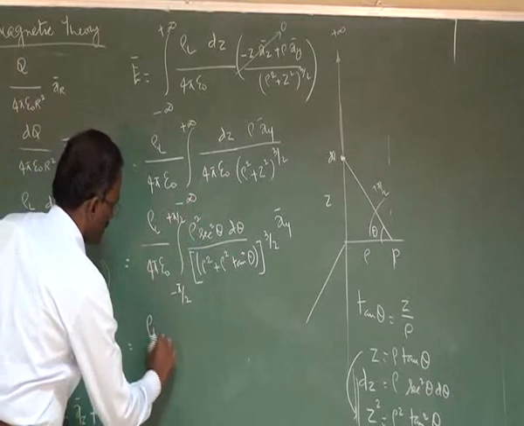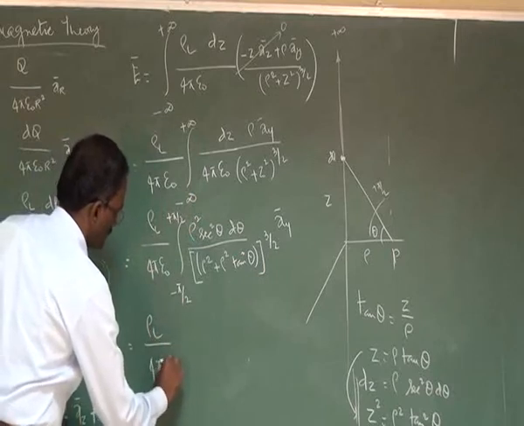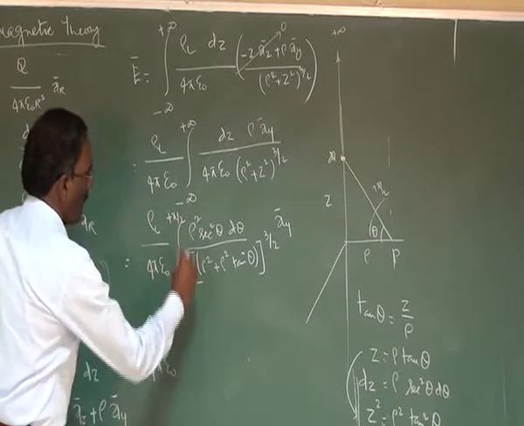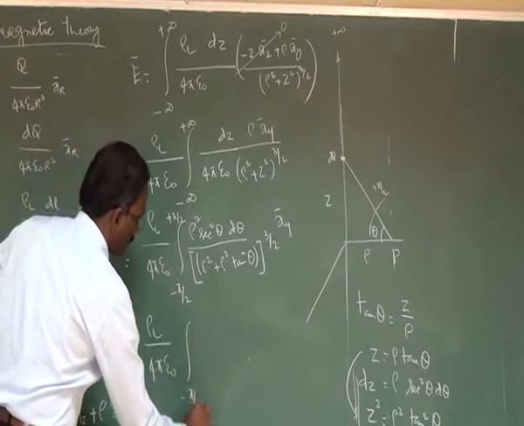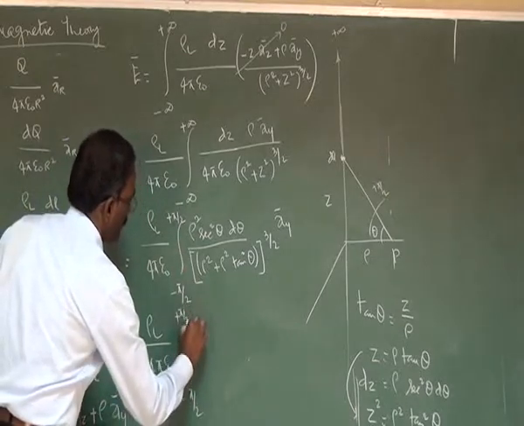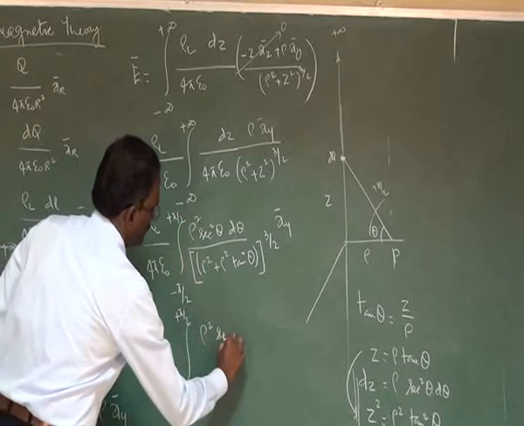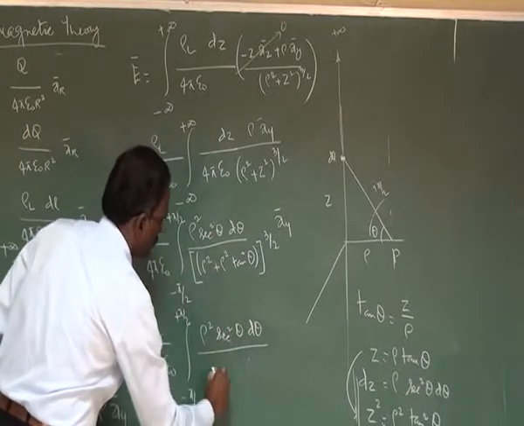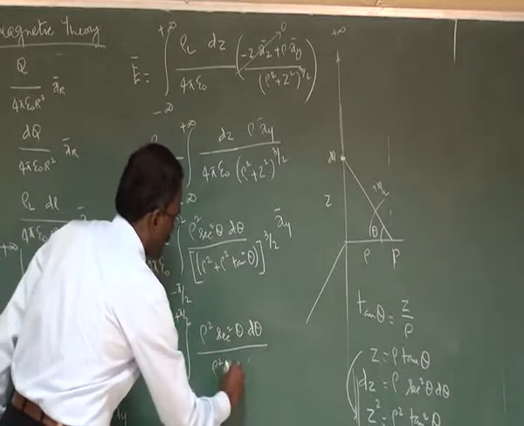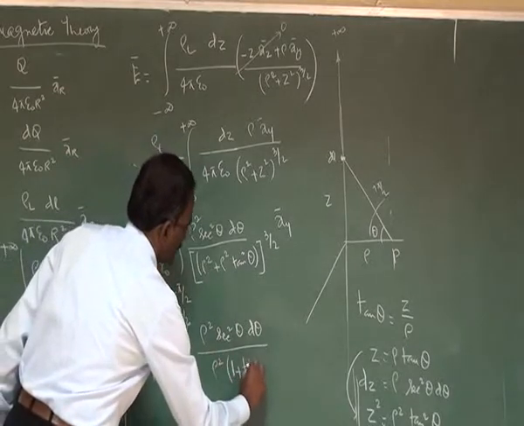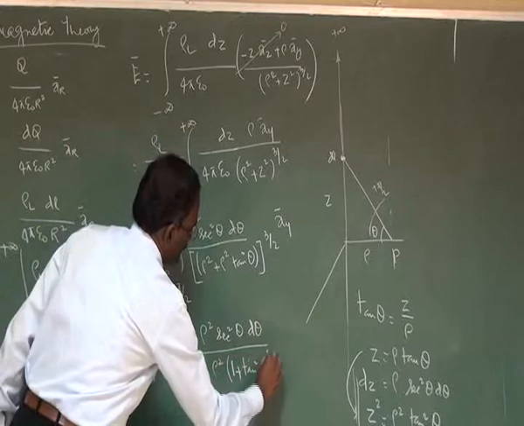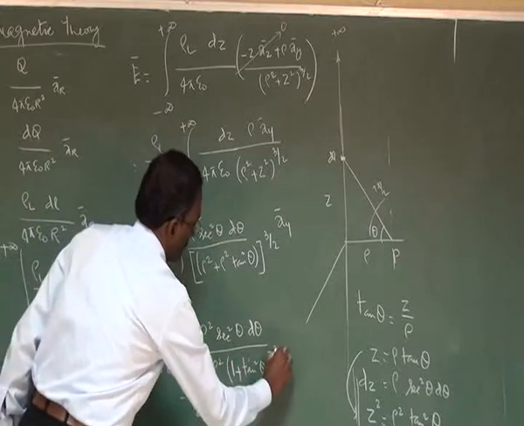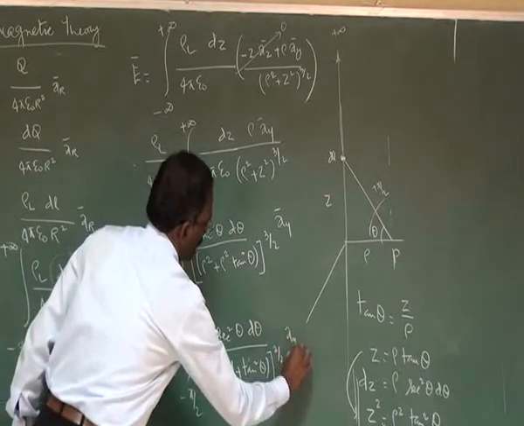This expression will become rho L divided by 4 pi epsilon O, integral from minus pi by 2 to plus pi by 2, rho square secant square theta d theta divided by rho square taken outside, 1 plus tan square theta to the power of 3 by 2, and ay bar.